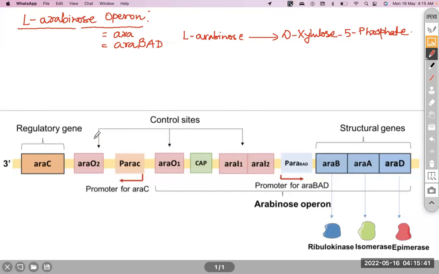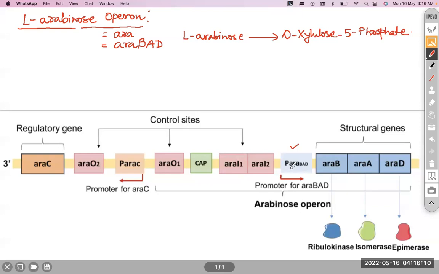That we will see. The structural genes of L-arabinose operon are transcribed from a common promoter into a single transcript. This is the common promoter. In all operons you see the structural genes have one common promoter. Here also you see a common promoter. The promoter's name is Pa∙raBAD.